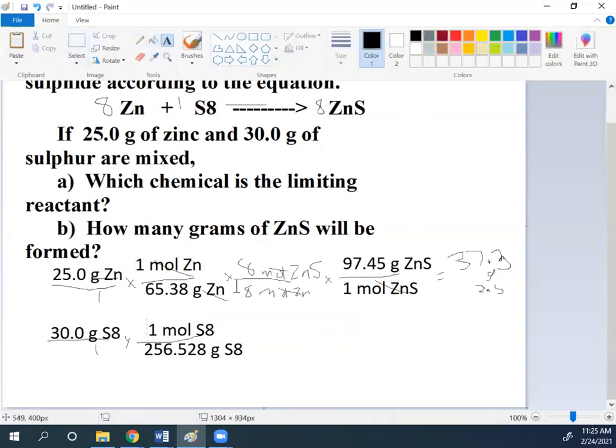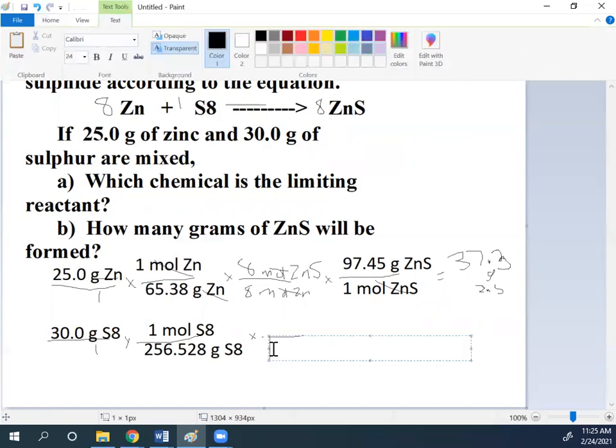What's going to be the bottom of this next one? 1 mole S8. And the top is going to be 8 moles, because from here on out, we're all the same.